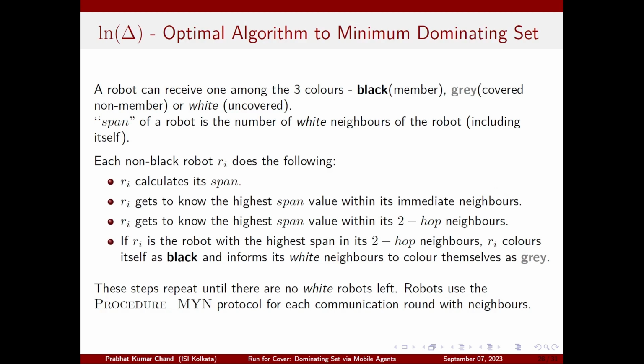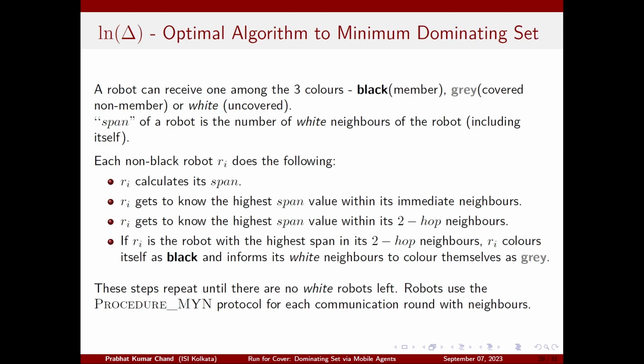It is black if it is a member of the dominating set, gray if it is covered by some dominating set, or white if it is uncovered. We also define the span of a robot to be the number of white neighbors of the robot, including the robot itself. Our algorithm runs in iterations, where in each iteration each robot Ri does the following.